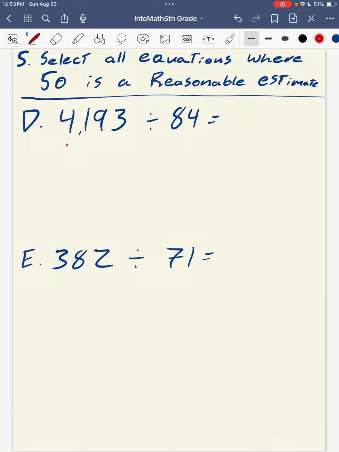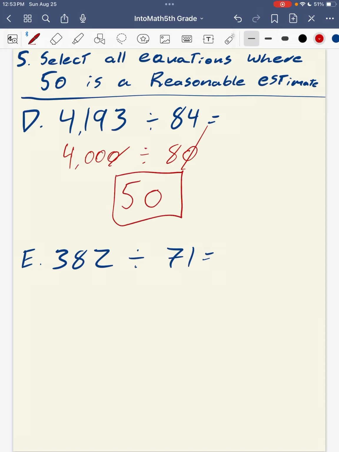D, I have 4,000 and I have 80 as my compatible numbers. 80 can go, or 8 can go into 400, 50 times, so D is acceptable. And lastly here, 382 divided by 71.